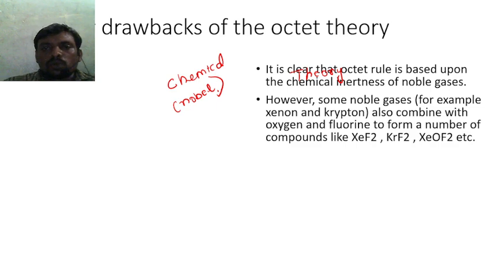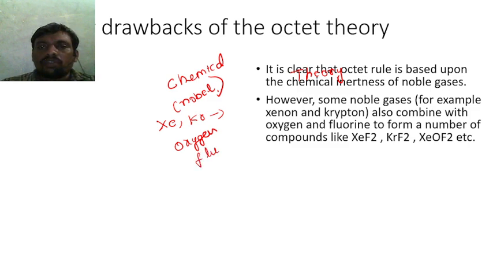However, some noble gases, for example xenon, a zero group or noble gas element, and krypton, also combine with oxygen and fluorine to form a number of compounds.